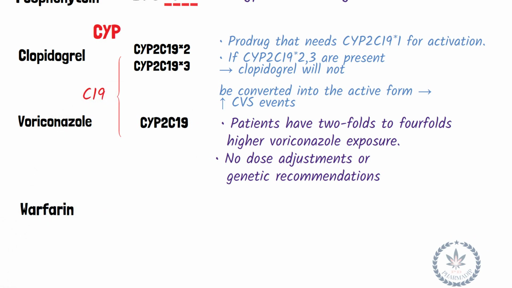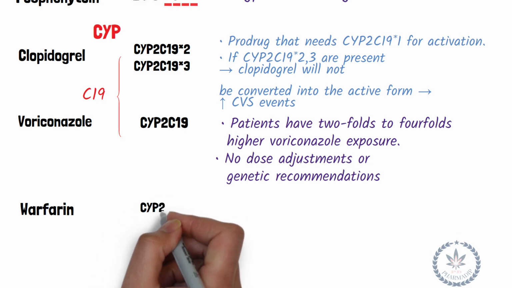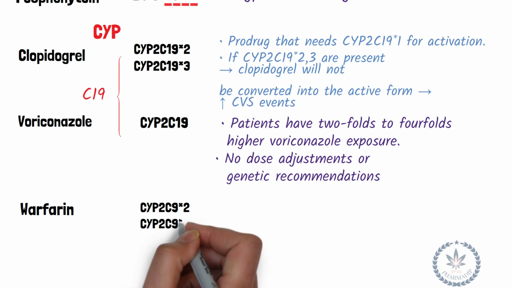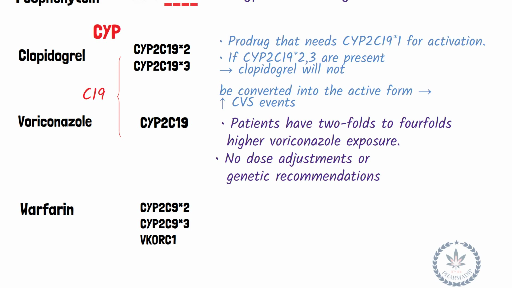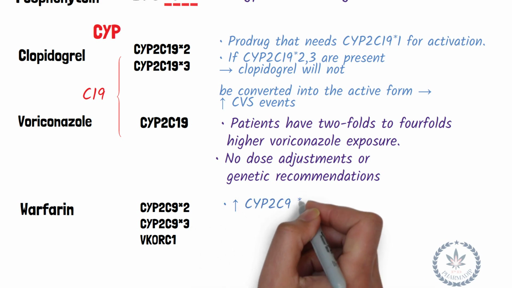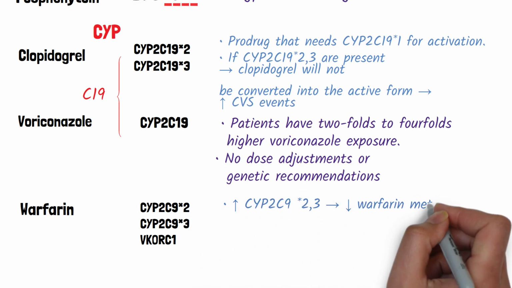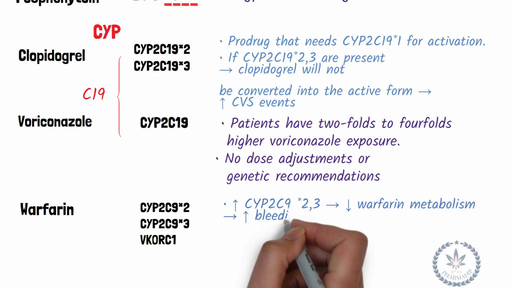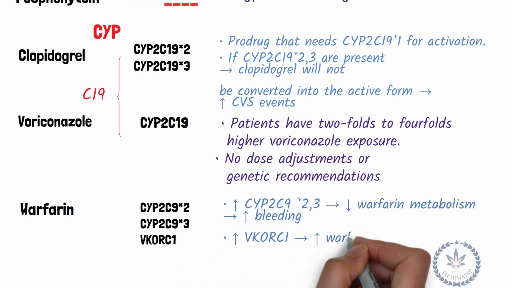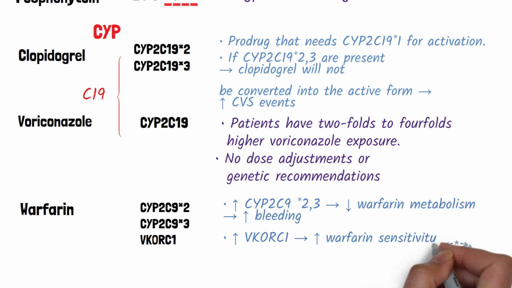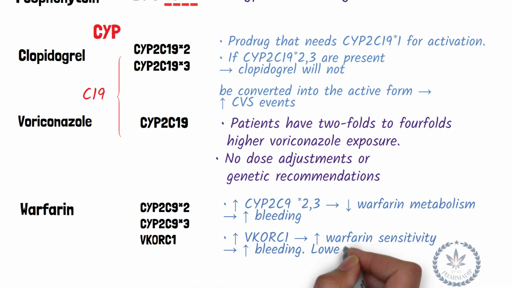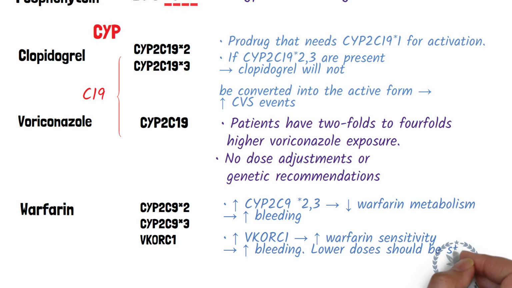Warfarin: three genes, CYP2C9*2, CYP2C9*3, and VKORC1. Increased CYP2C9*2 and *3 activity reduces warfarin metabolism, which in turn leads to bleeding. Increased VKORC1 activity or expression leads to increased warfarin sensitivity, which in turn leads to increased bleeding.